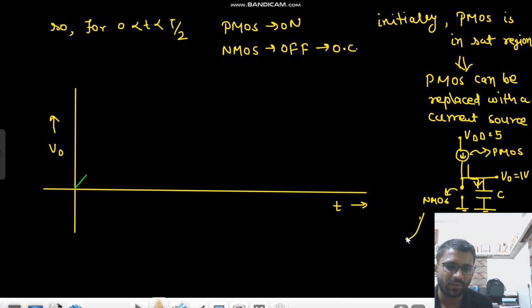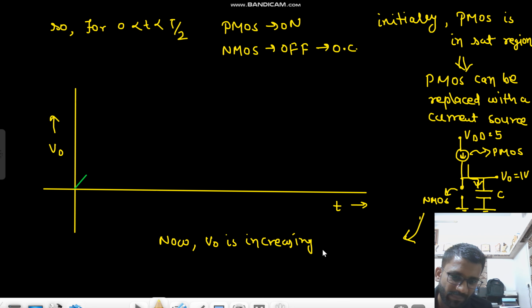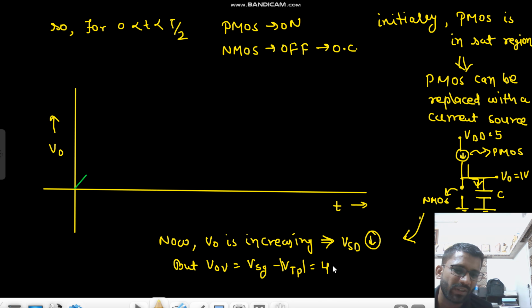Now V naught is increasing. That means your VSD is decreasing, but V overdrive equals VSG minus VTP, that is equal to 4 volt, is fixed.